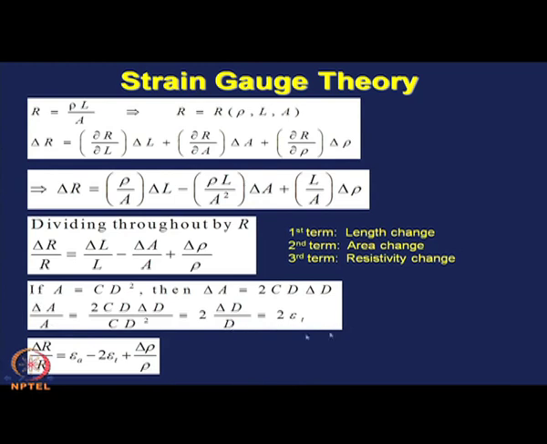So, delta A by A becomes 2 epsilon t. So, the fractional change in resistance delta R by R can be written as epsilon A minus 2 epsilon t plus delta rho by rho. So, this is axial strain minus twice lateral strain plus delta rho by rho.